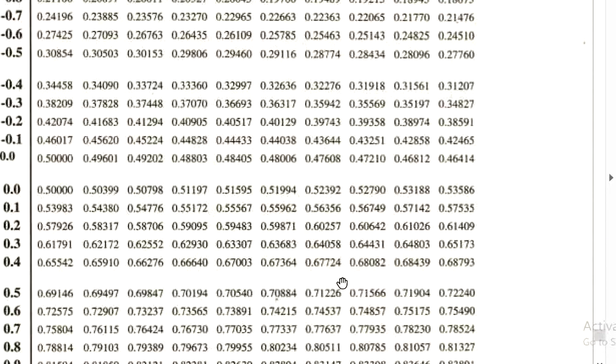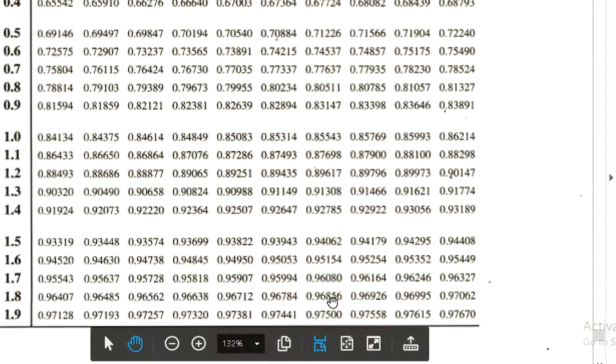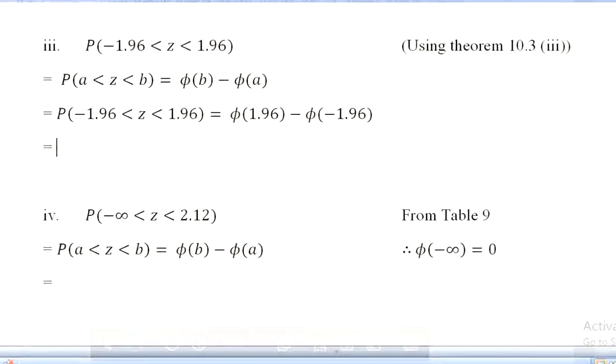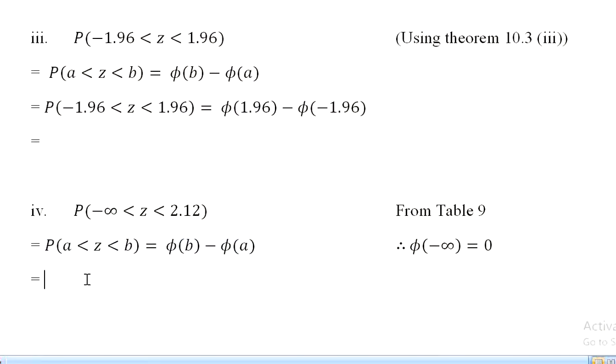In it we have to look at 1.9. I'm moving on. This is 1.9, 0.97500, 1.9 and 6. 0.97500. There it is, this is the value of phi of 1.96 minus.